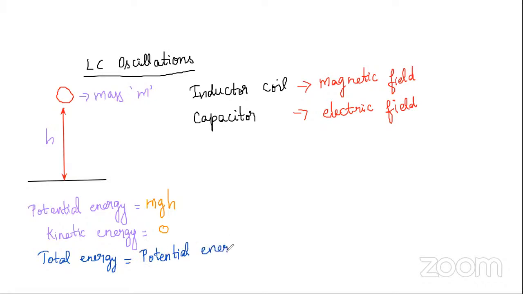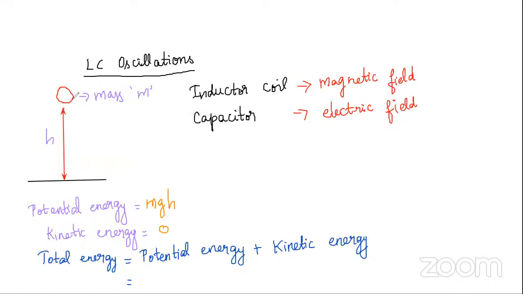In this scenario, when the object is at a certain height h and it is at rest, the total energy is stored in the form of potential energy and its value is mgh. The kinetic energy is 0. The total energy is mgh.